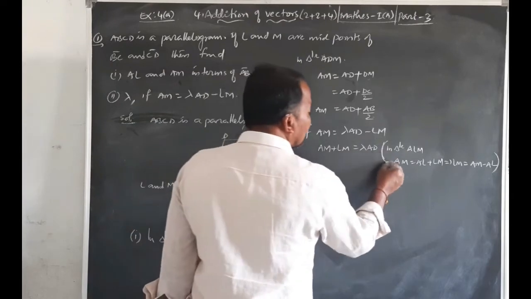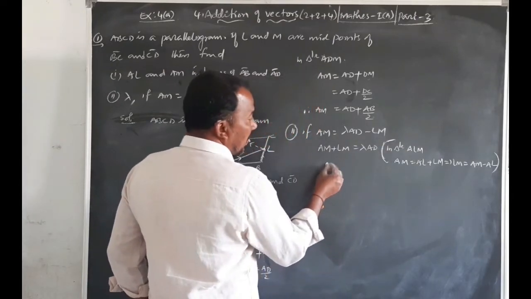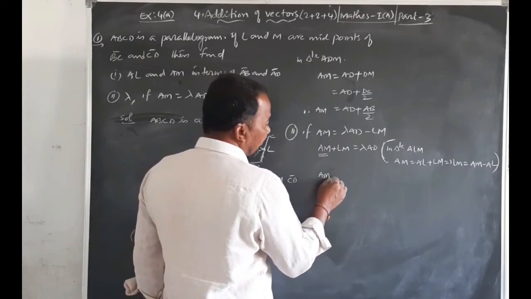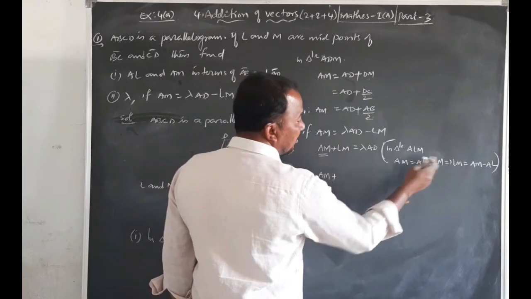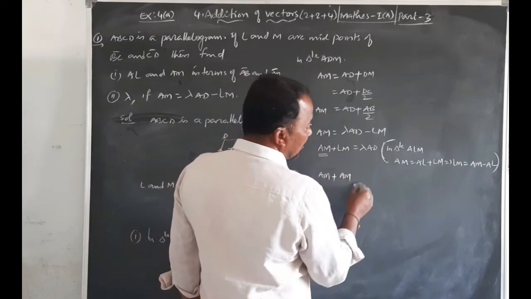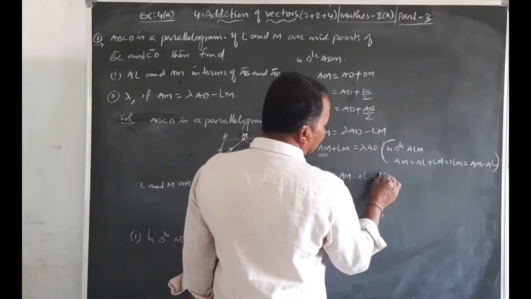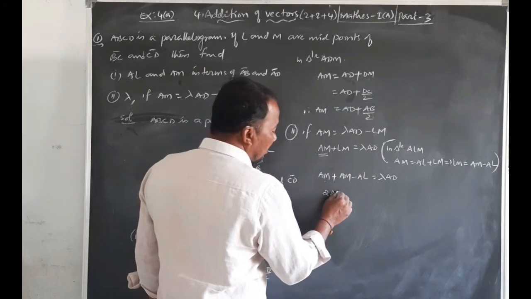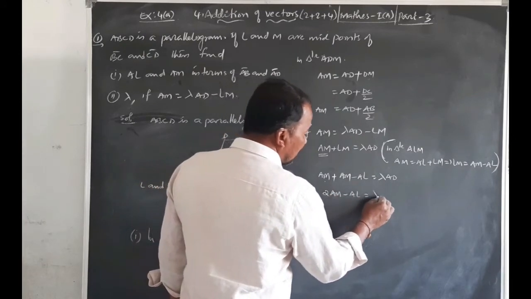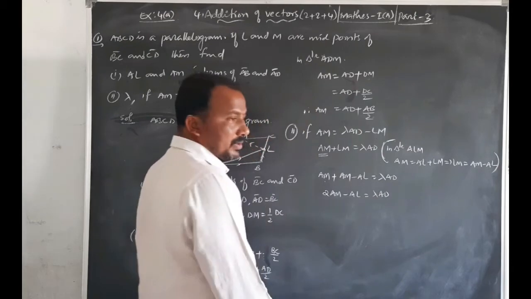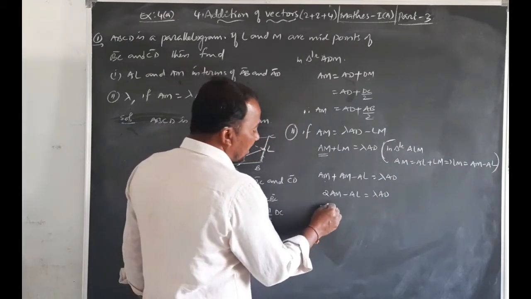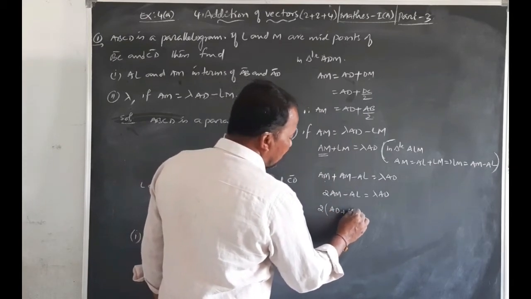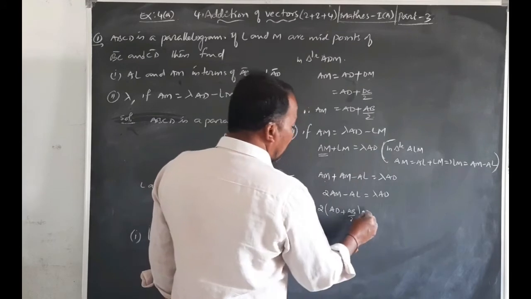To simplify, what is the value of AM? AM plus LM, where LM equals AM minus AL, equals lambda AD. So 2AM minus AL equals lambda AD. 2 into AM, from the first result, is AD plus AB by 2, minus AL.